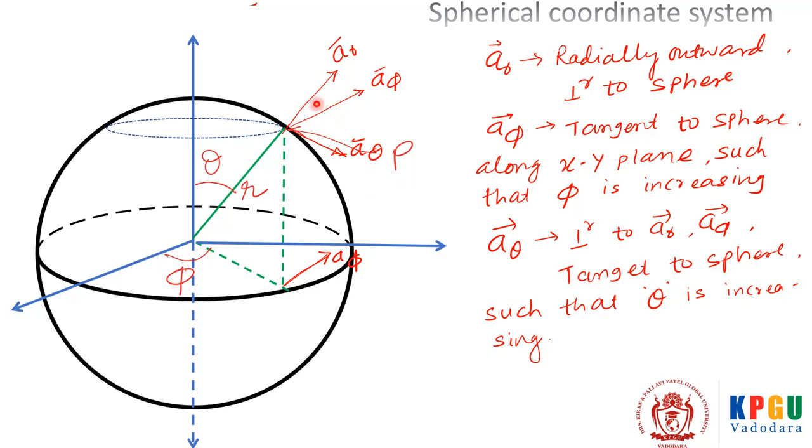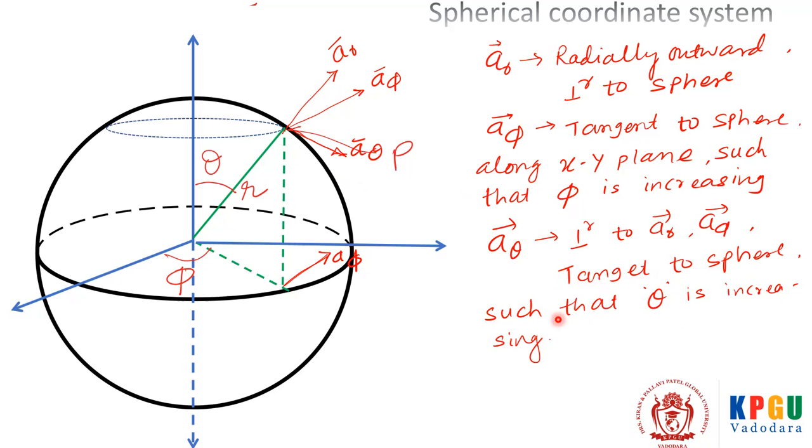I hope you can visualize that AR, A phi, and A theta are all mutually perpendicular to one another, right? So AR is radially outwards, perpendicular to the sphere. A phi is tangent to the sphere along the XY plane such that phi is increasing. And A theta is perpendicular to AR and A phi. It is tangent to the sphere such that theta is increasing, right? So this is all about the spherical coordinate system.